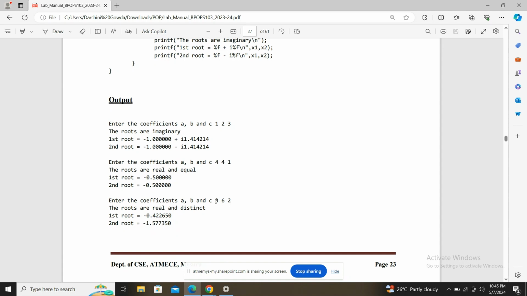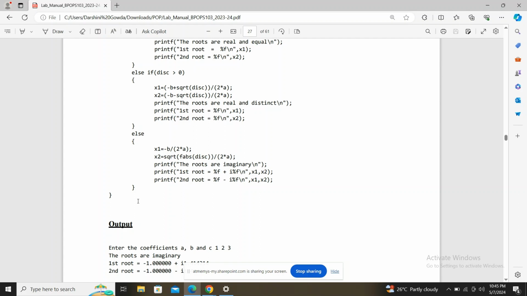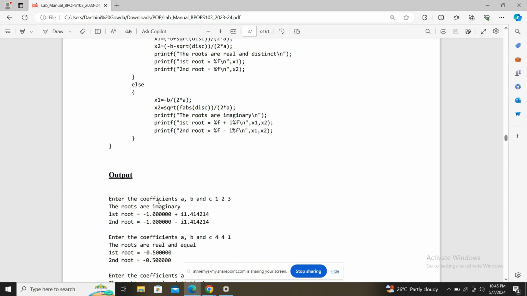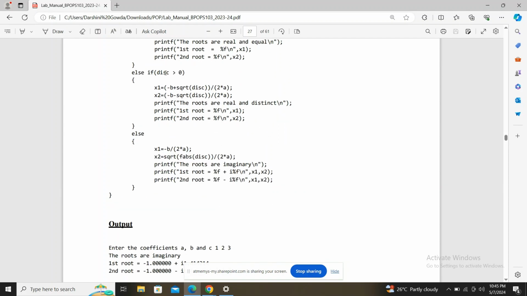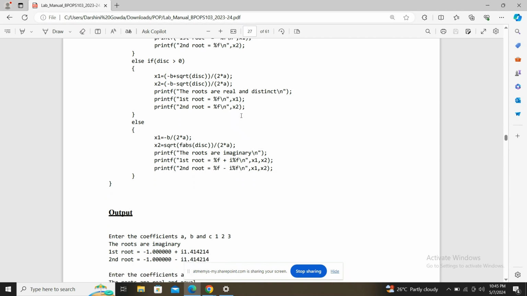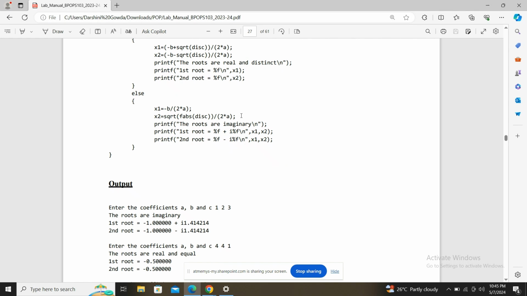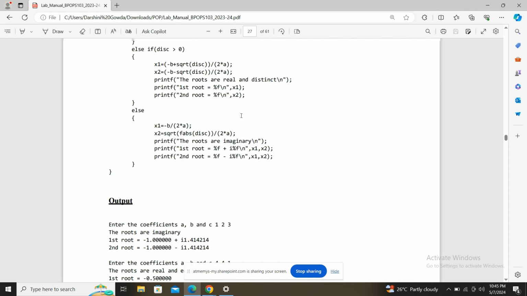When these values are evaluated in b square minus 4ac, the output would be real and distinct. What real and distinct means is that the discriminant value is greater than 0, and hence it will compute the roots using this formula. It prints this message and displays the roots x1 and x2. So this is the explanation of the roots of a quadratic equation.